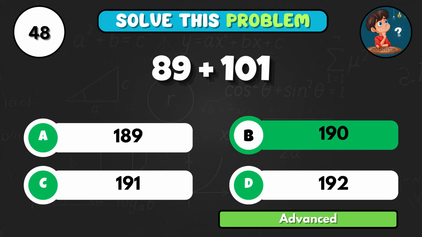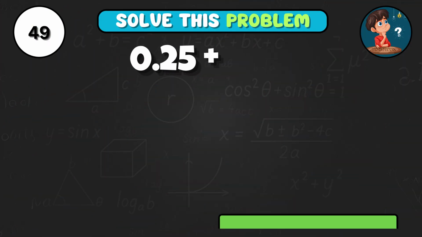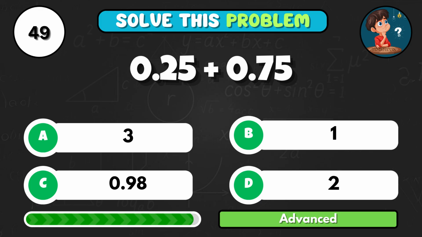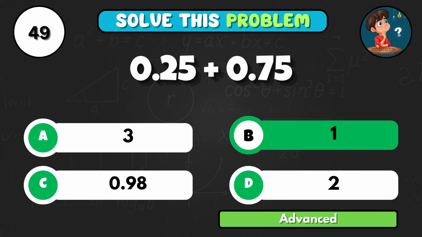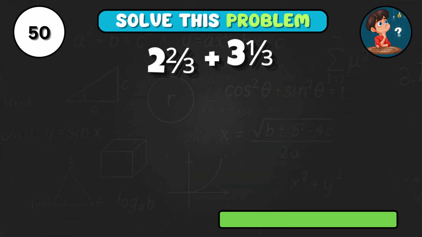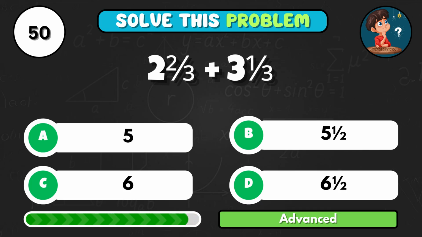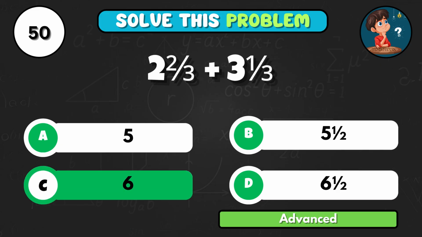The result is 190. 1/4 plus 3/4 totals... Option B again, that equals 1. 2 2/3 together with 3 1/3 equals... Option C is correct. You get 6.